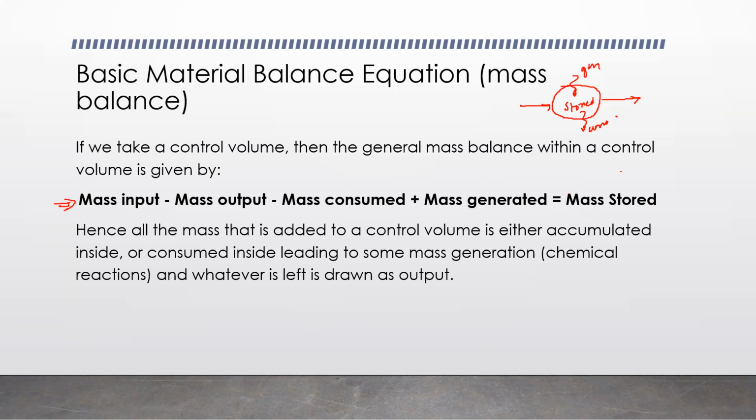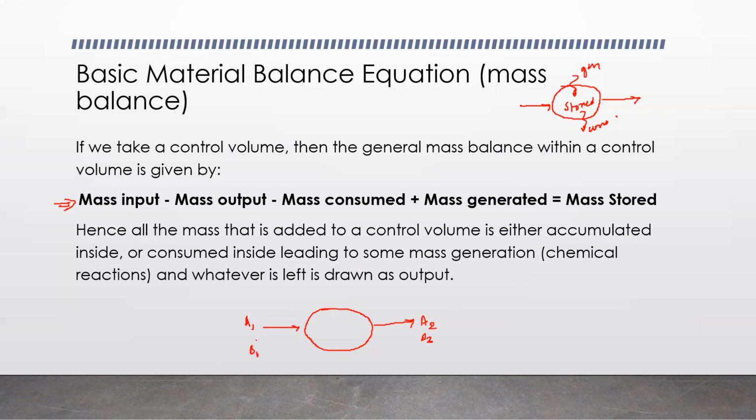I'll give you a very simple example. Let's say this is my control volume and I'm having A and some amount of B going inside, and outside you get A and B. Let's say the amount here is A1 and B1, and here it is A2 and B2.